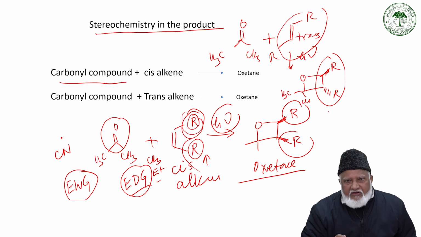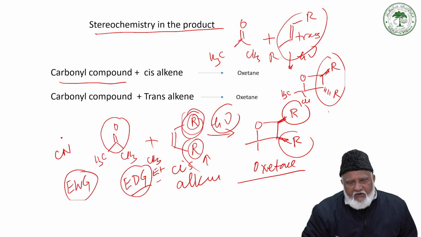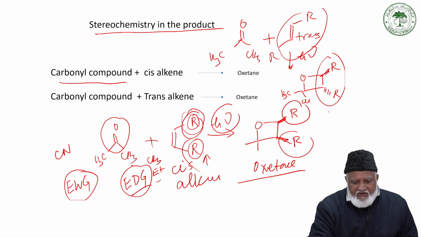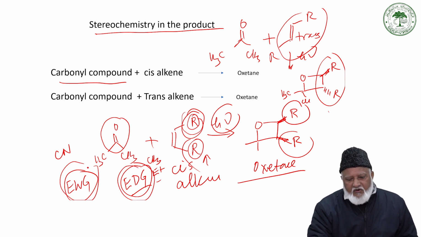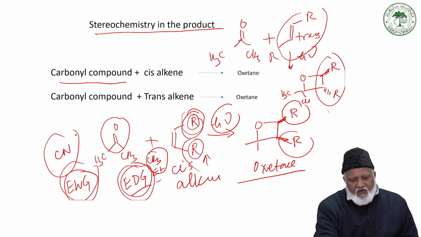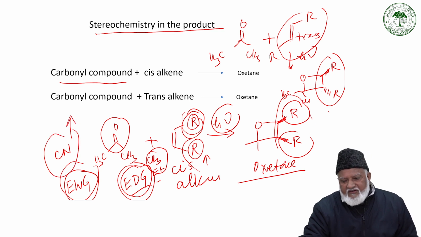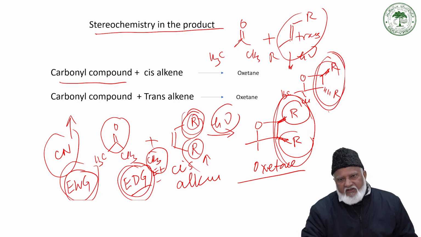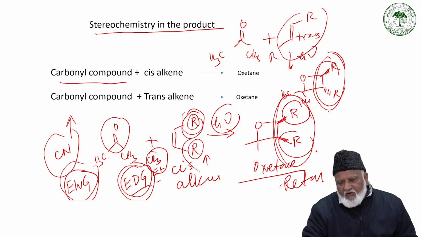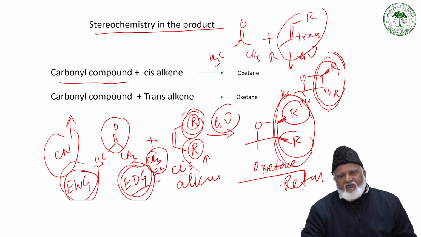The presence of a methyl group, which is electron donating, or an electron withdrawing group like cyano, is going to decide the stereochemistry of the product in oxetane formation, whether it is going to be retained or changed.